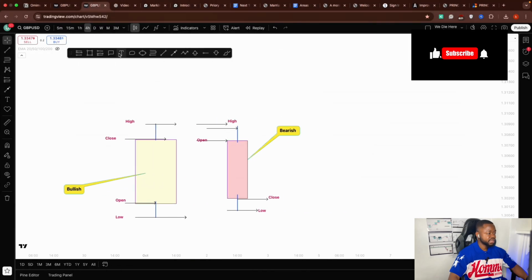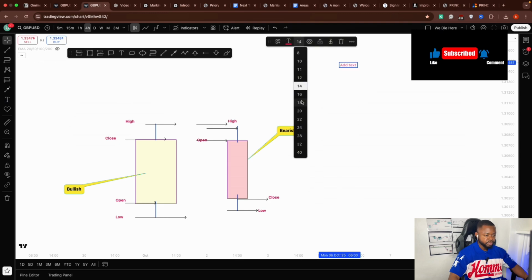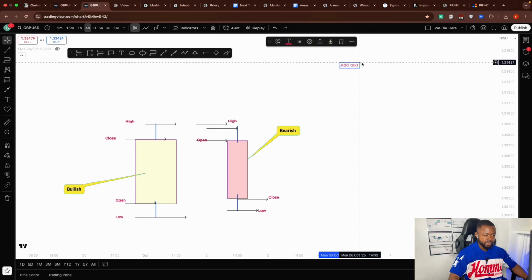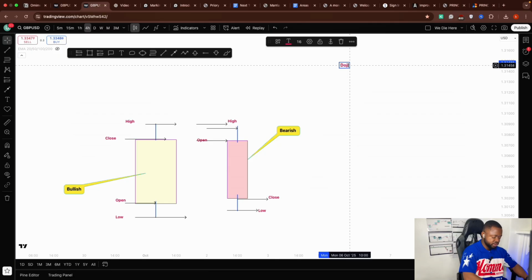So in the single pattern candles, we have multiple candles. Let's increase this to 16. We have the doji. We have the dojis. We have the engulfing candle. And what I'm going to do in this video is make sure that I give you what you need, what I use.